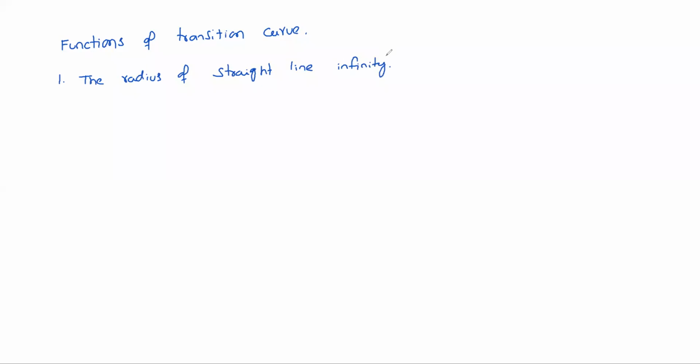Srinivas? Yes, sir. Yeah, radius of straight line is infinity. The radius of a circular curve is finite. Some radius will be there, right? So the radius from infinity to finite should not change suddenly.